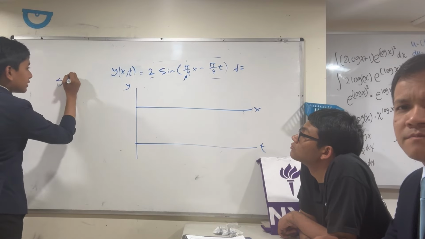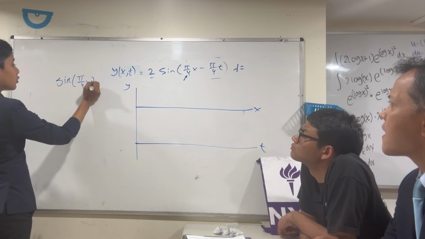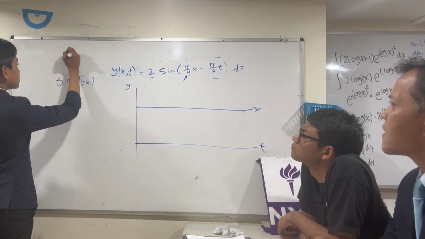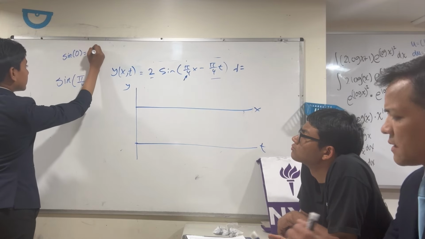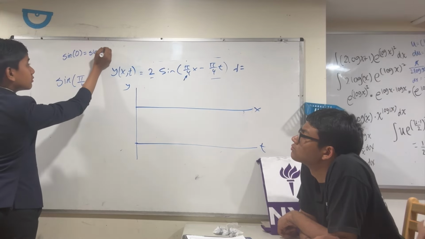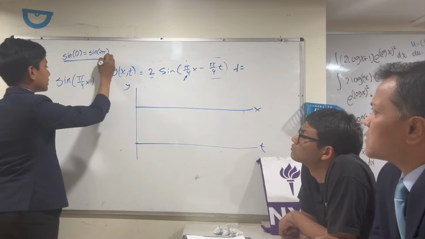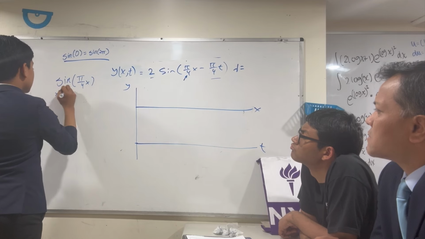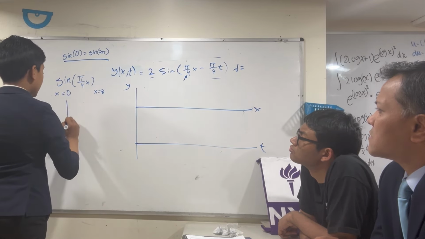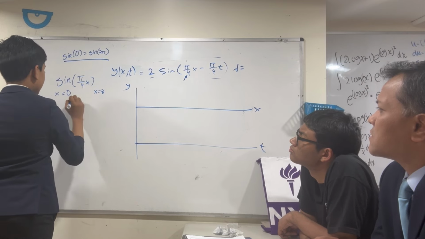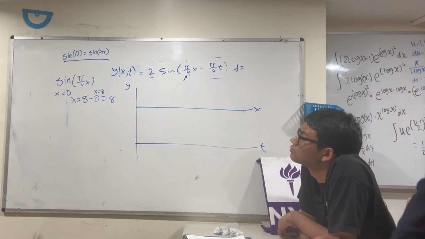So let's just think about the function sine of pi over 4 x for simplicity. Sine of 0 is equal to sine of 2 pi, always. So this is going to be the same when x equals 0 and x equals 8. Thus, the wavelength is 8 minus 0, which is 8. That's true. Round of applause.